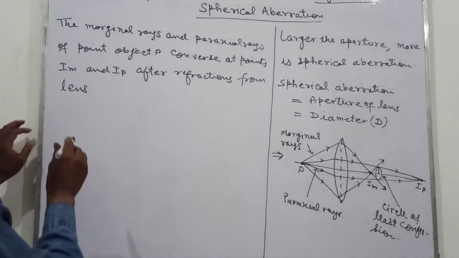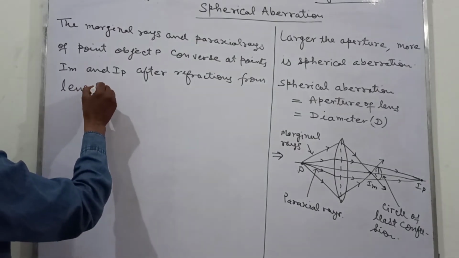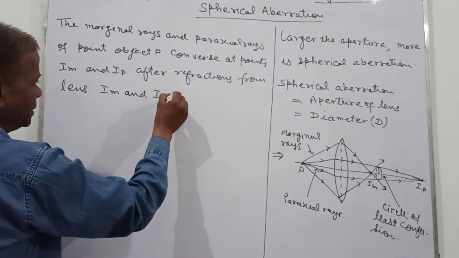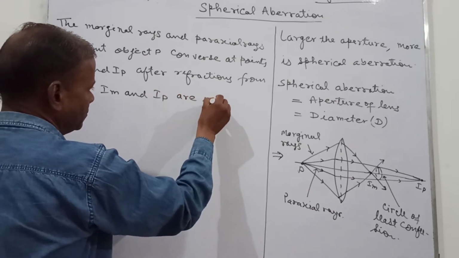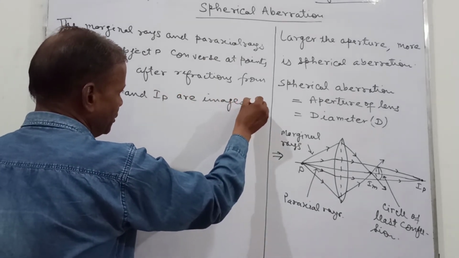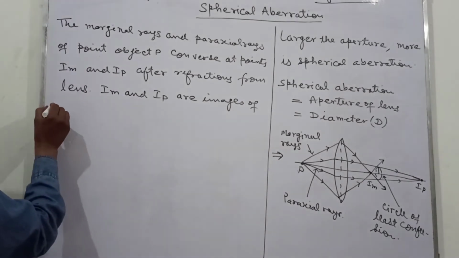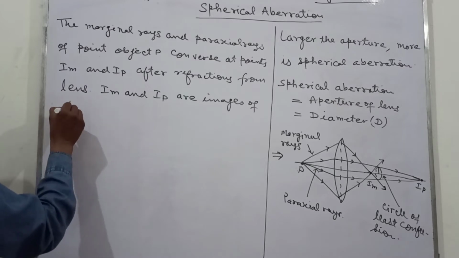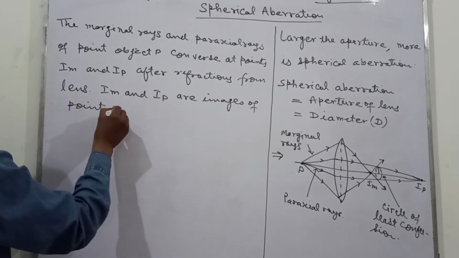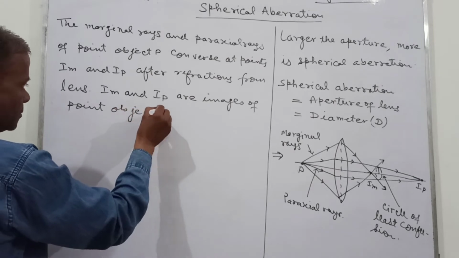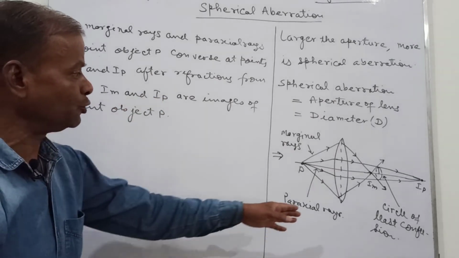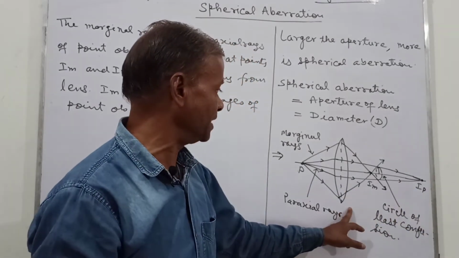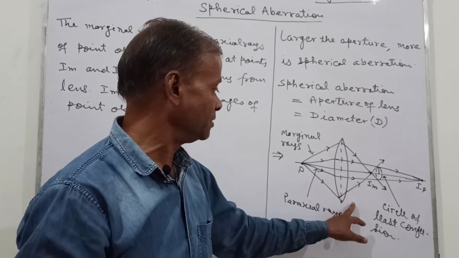So they make IM and IP, which are images of point object P. So it means there are two images, and you see that this IP is at a more distance from this lens and IM is nearest to this lens.